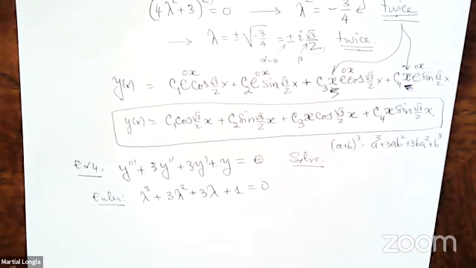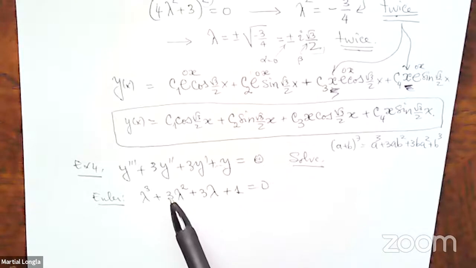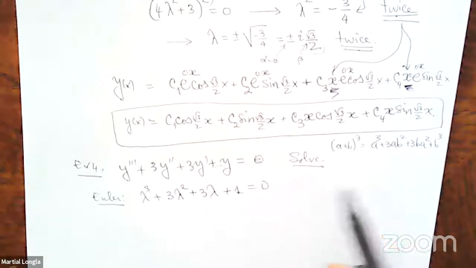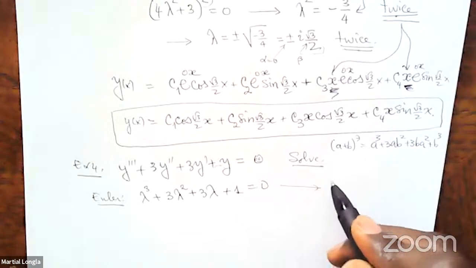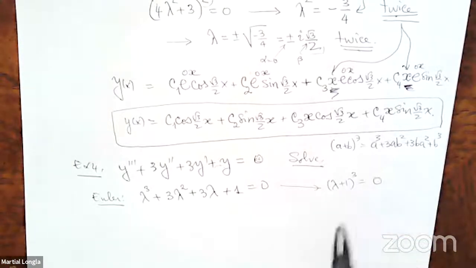That's how you get a plus b cubed. And then you look at this and see, okay, b cubed is 1, so b is 1. And so that's plus 3 times 1 times lambda squared, 3 times 1 squared times lambda. So this is lambda plus 1 cubed, because the whole thing is lambda plus 1 cubed equals 0.